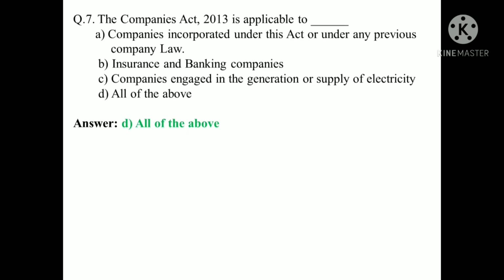Means all those companies which are incorporated under the present Companies Act 2013 as well as under previous company laws, to those all companies, Companies Act 2013 is applicable, as well as to all insurance and banking companies, and all those companies which are engaged in the generation or supply of electricity. Therefore, here option D is the correct answer, all of the above.